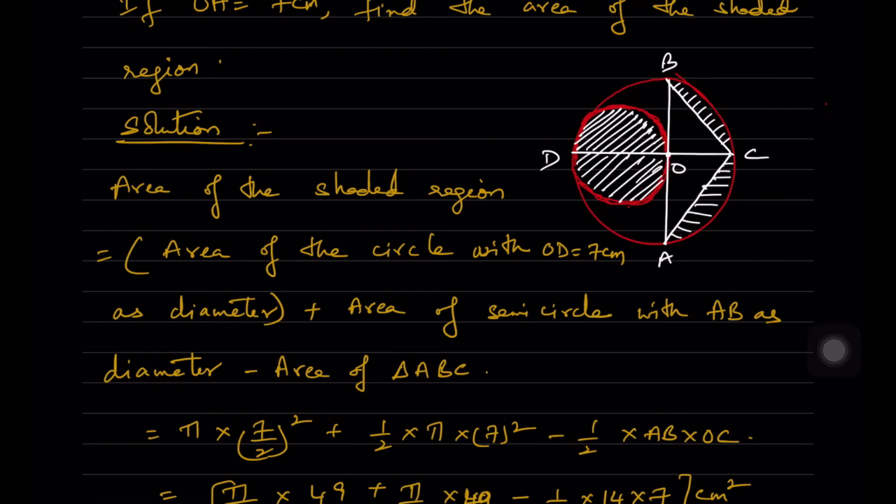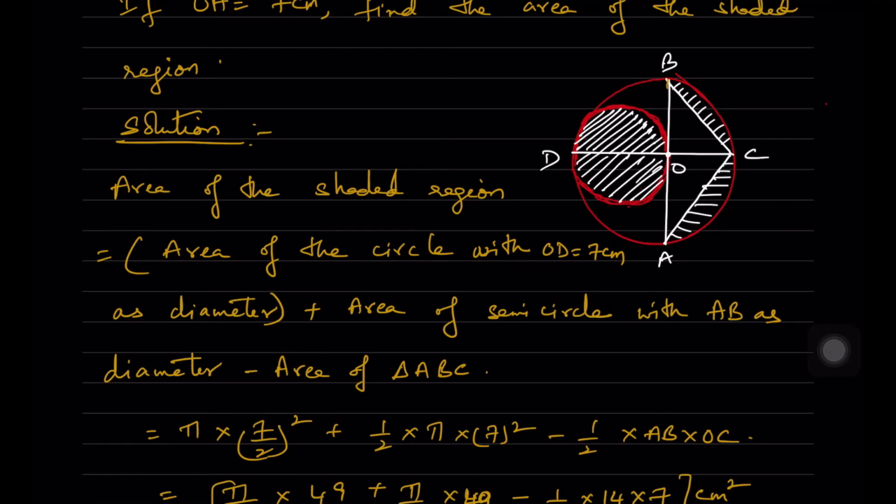The area of the shaded region is the area of the circle with OD equal to 7 centimeters as diameter plus the area of the semicircle minus the area of the triangle ABC. The area of the circle with OD as diameter is pi r square, that is pi into 7 by 2 whole square, plus the area of the semicircle with AB as diameter, where OA is equal to 7 centimeters.